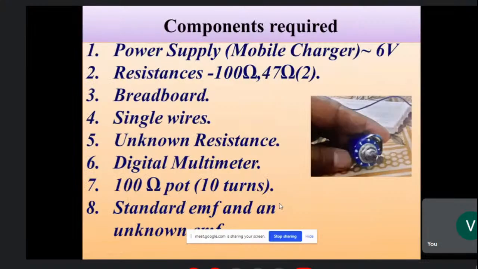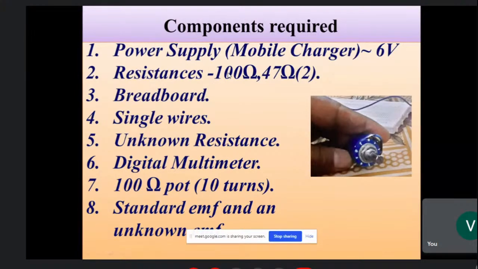So components required for the measurement of unknown resistance: a power supply. An ordinary power supply in the market costs 300 to 400 rupees, but a mobile charger is only 50 rupees, and a mobile charger can give the supply. Resistances 100 ohm, 47 ohm, one breadboard.